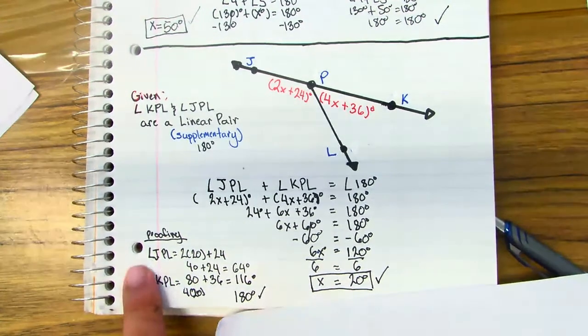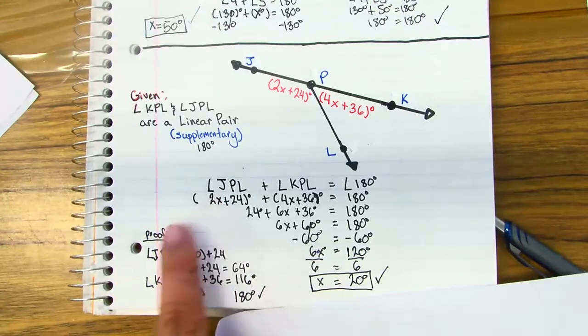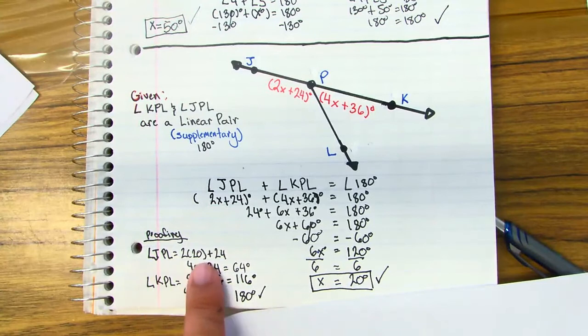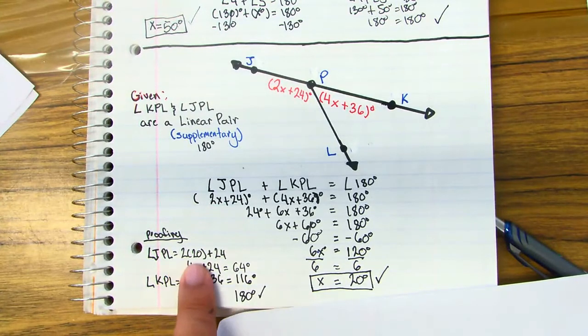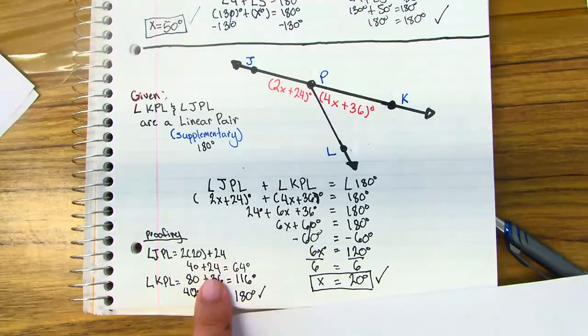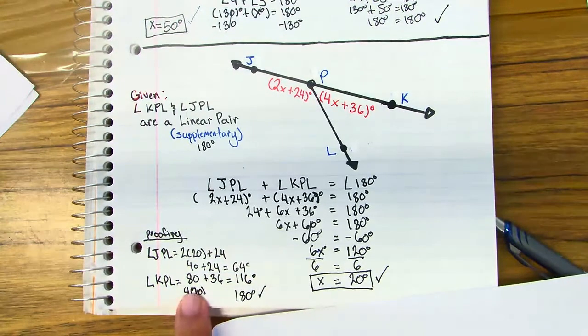Don't forget to double check your work. When you found x equals 20, I put back the equation of JPL, which is a value. I substitute the value of x as 20. 2 times 20 is 40. I add 24 with 40, and it equals 64. KPL is 80.